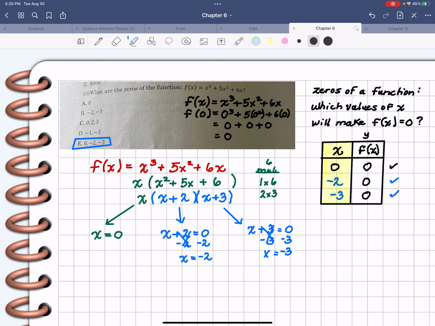The x that you factored out can't just go away. So you set it equal to 0 just like the others. So x is 0, y is 0. But it's also true that when x is -2 or -3, y will equal 0. It's a good one. I haven't seen one of those in a very long time.